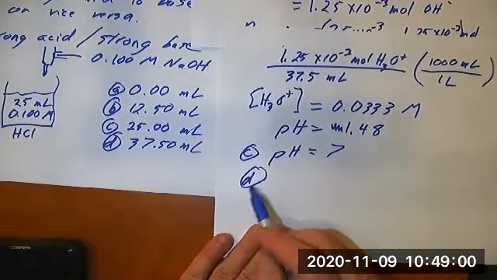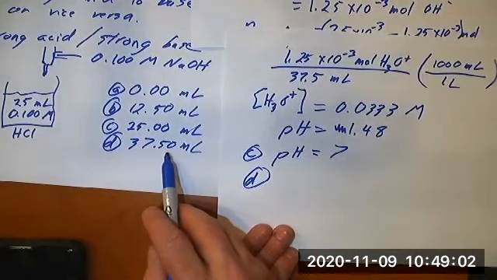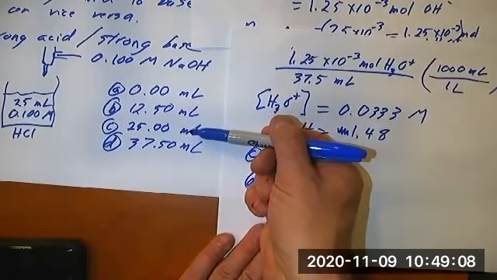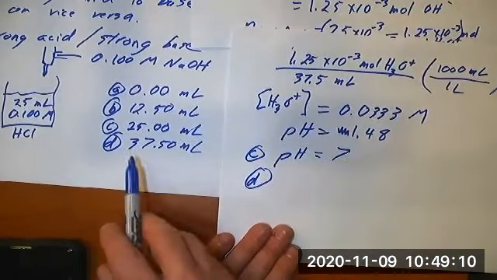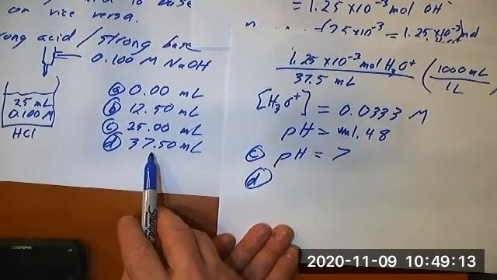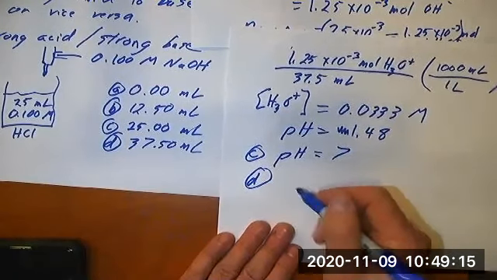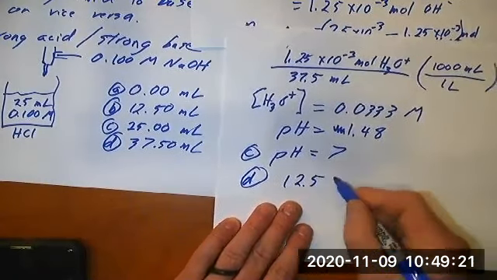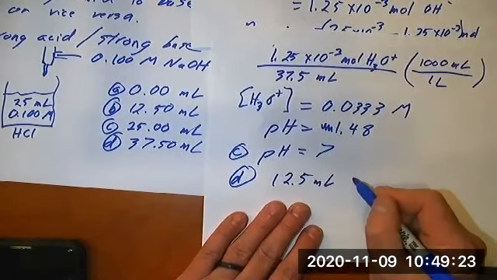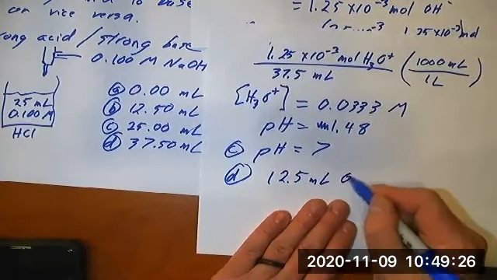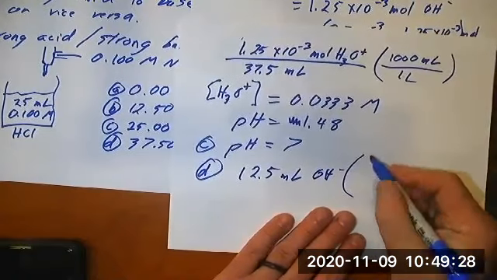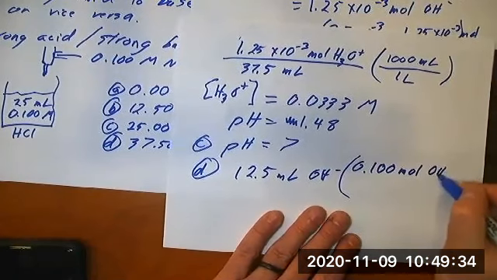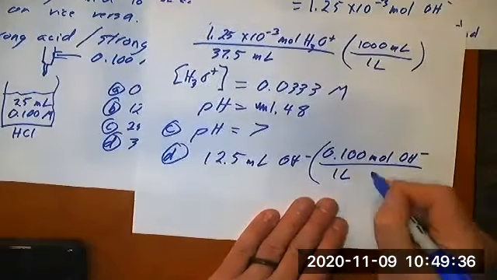Now question D, part D, where we've added 37.5. So what we do here is we assume that we're starting with the neutral at C, and we're adding 12.5 milliliters more of the base. So that means that we now have 12.5 milliliters of our hydroxide solution, which is 0.100 moles of hydroxide for every 1 liter of hydroxide.